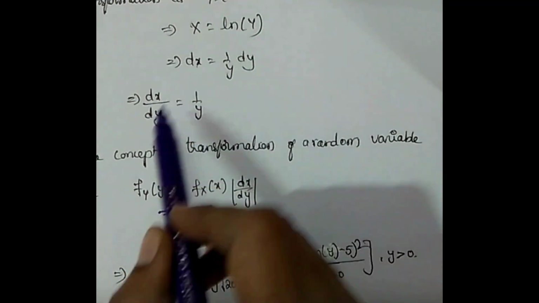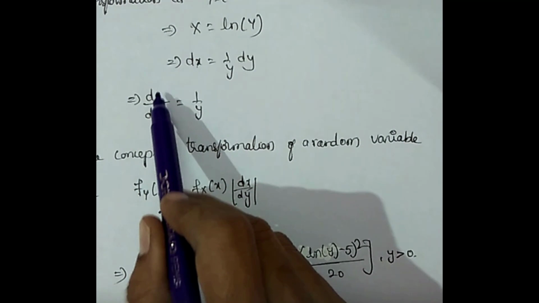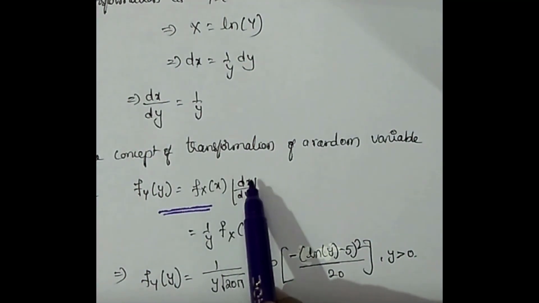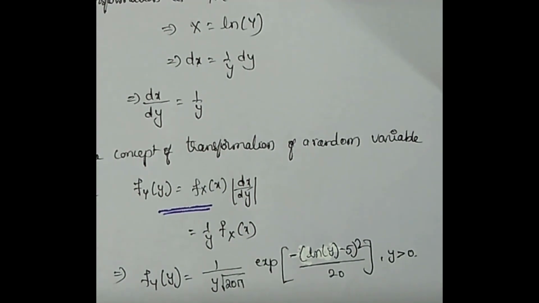That is the reason for finding dx by dy here. We got dx by dy as 1 by y. So simply substitute dx by dy as 1 by y and fX of x, which we already derived, for the given variance and mean. So you're going to get this fY of y.